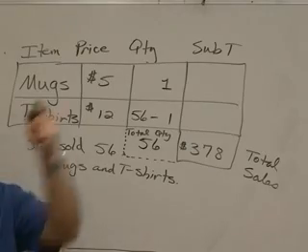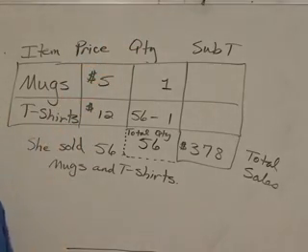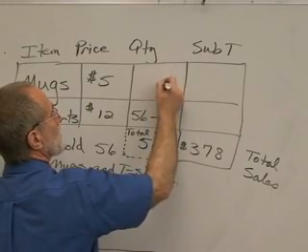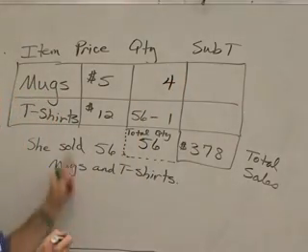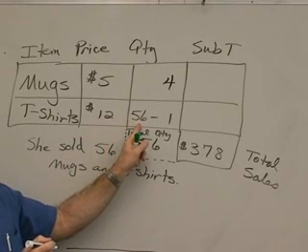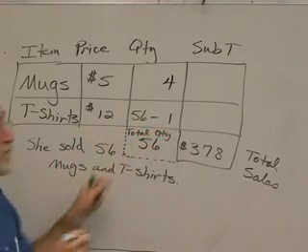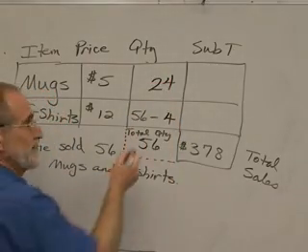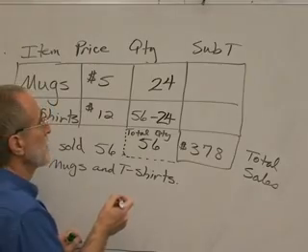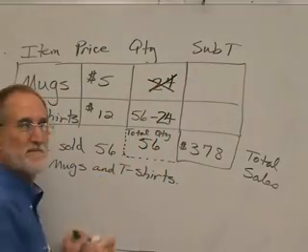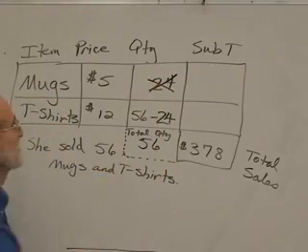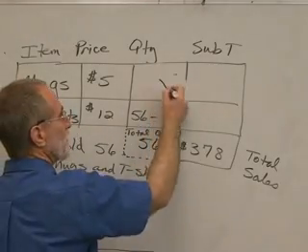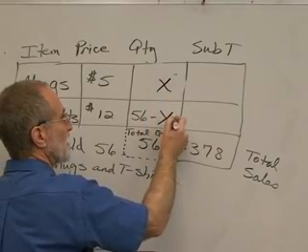What if we sold 4 mugs? How would we find the number of t-shirts? It'd be 56 minus 4. What if we sold 24 mugs? It'd be 56 minus 24. What if we sold X mugs? It'd be 56 minus X. Whatever we sold of one of them, we subtract that from the total. And that's how we get the other one.